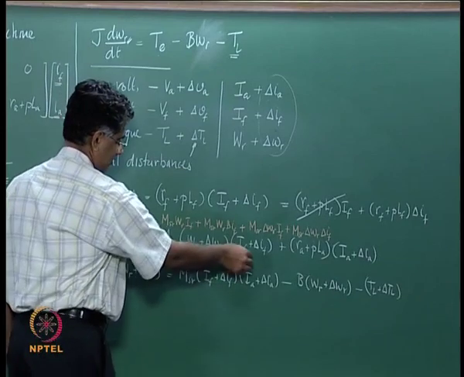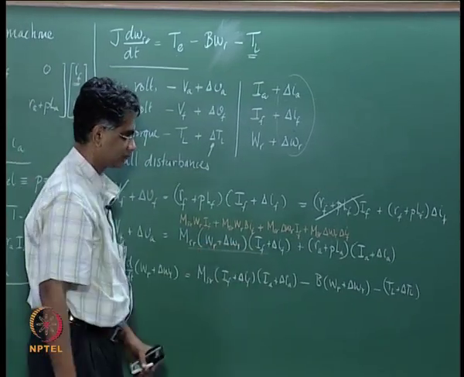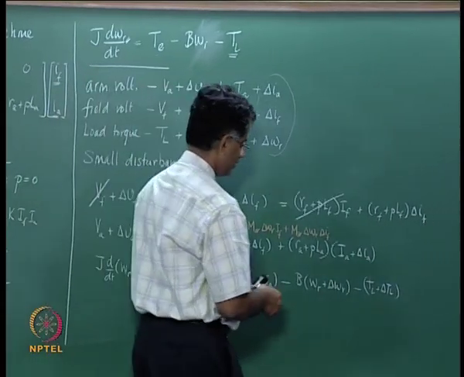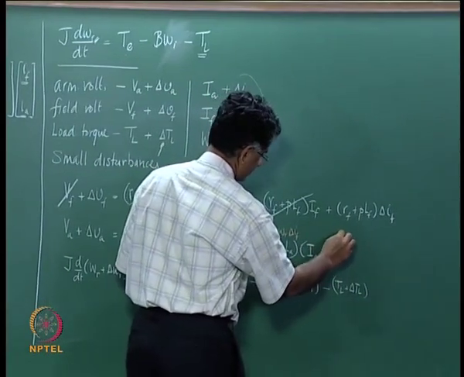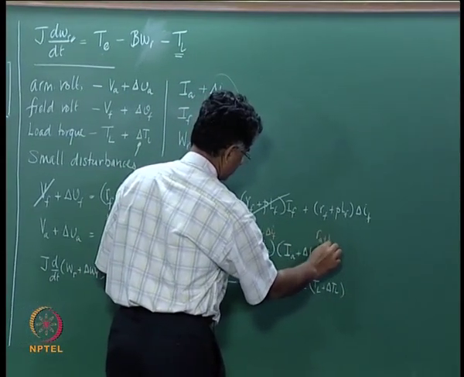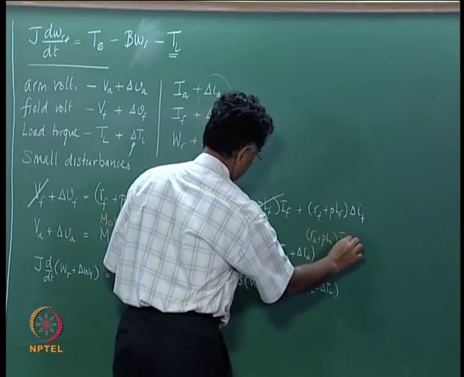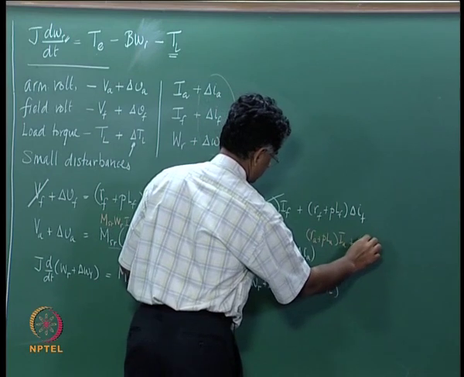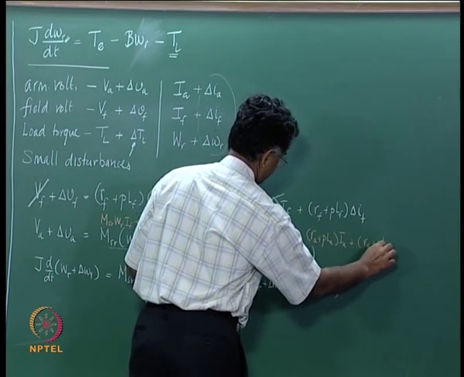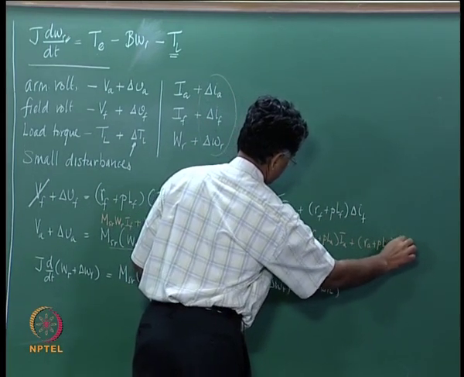This expansion is for the first term, and then you have the expansion for the second term, which is Ra plus P times La into Ia plus Ra plus P times La into delta I.